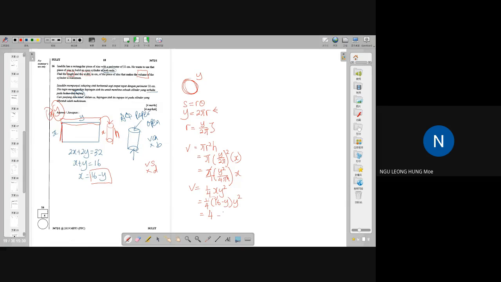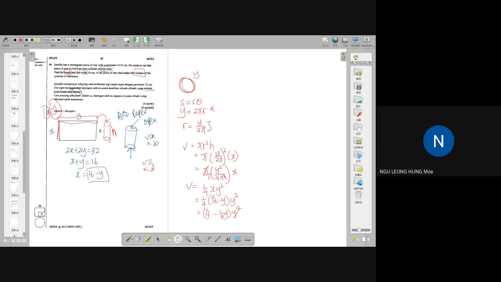I write it here lah. V equal to 1 over 4 SY square. So S is 16 minus Y, Y square.